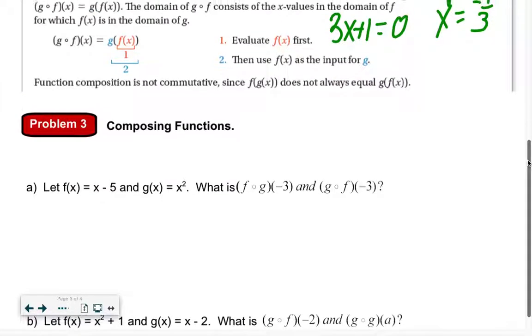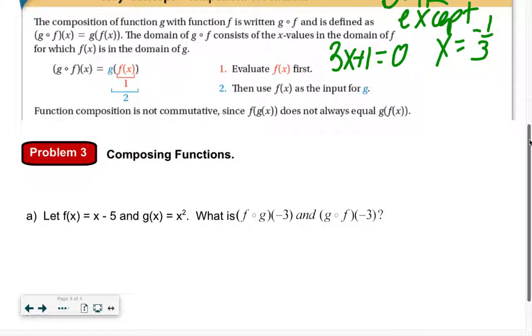Okay, compositions of functions. You will notice this right here says g of f of x. That's how we read that. That little open circle thing is an of.